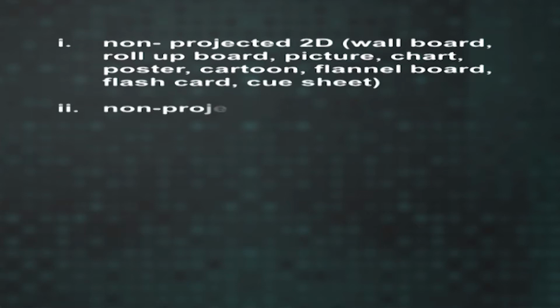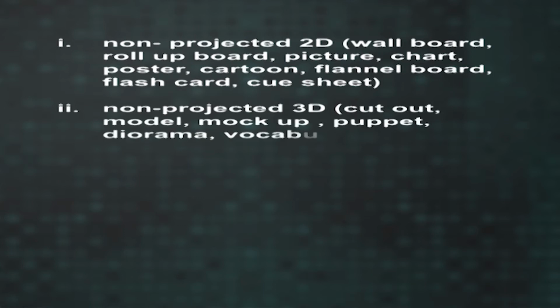The visual aids are again grouped into four types. Non-projected 2D: wallboard, roll-up board, picture, chart, poster, cartoon, flannel board, flashcard, cue sheet.